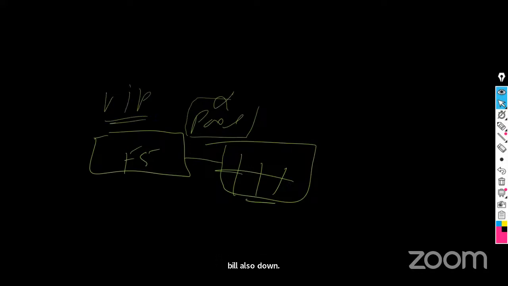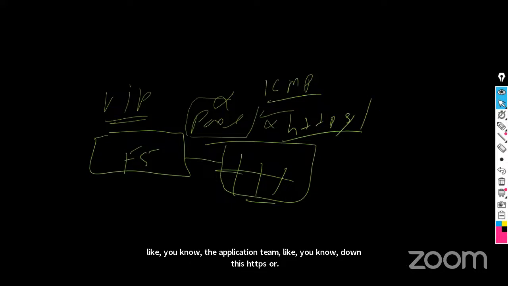In that case, what do we need to check? For example, your backend servers are down. First of all, you need to check whether your pool is up or not. If your pool is up and only the services are down, there are two concepts. For example, your server is up, and you check that ICMP is working, but your HTTPS is down. Maybe the application team brought down HTTPS, or another service, maybe HTTP.